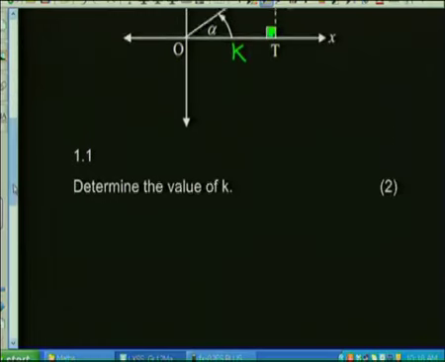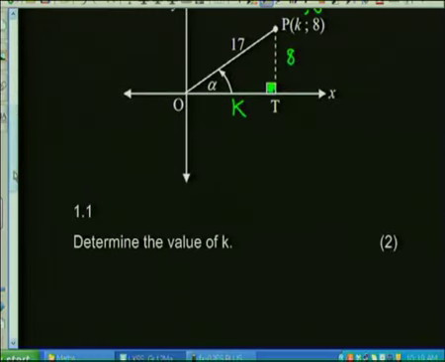So let's begin. We will start off with saying OP squared, because OP is my hypotenuse, is equal to OT squared plus PT squared.